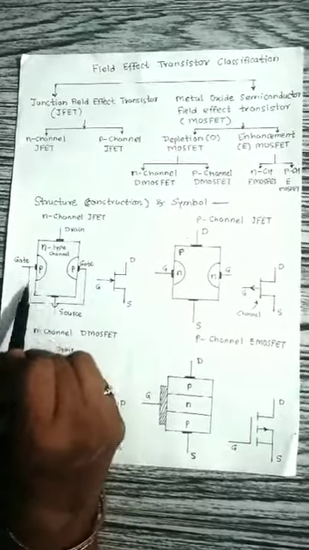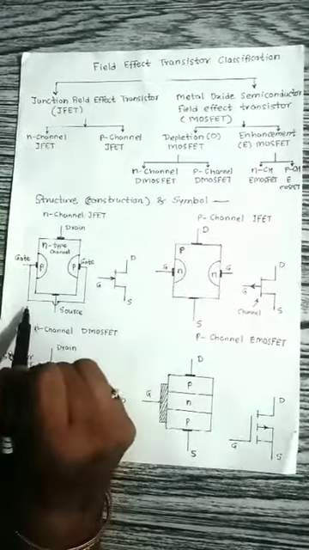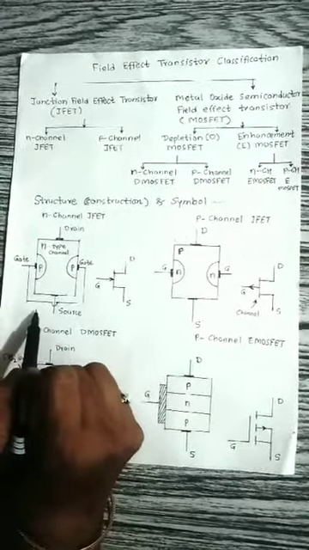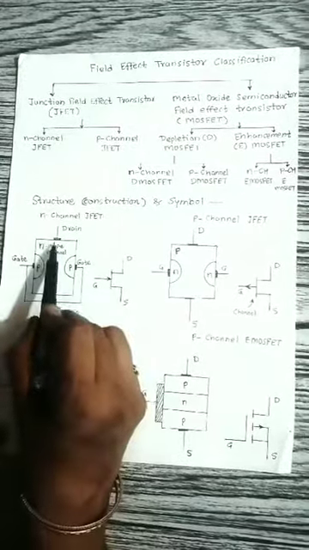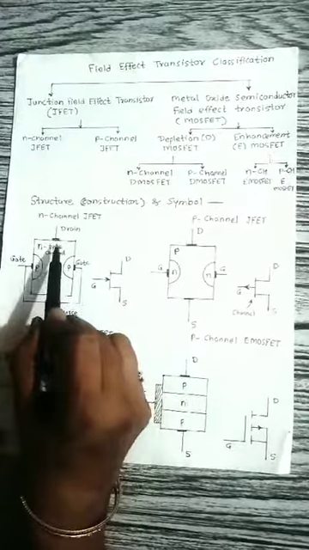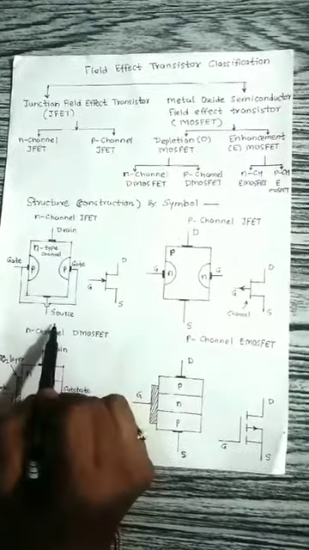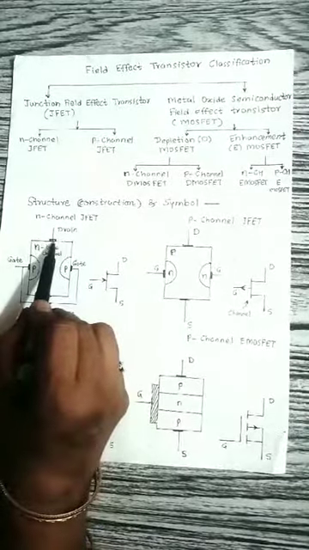From these two P-type materials, wire is taken and one terminal is taken, that is called as gate, and across these two terminals of N-type channel there are two terminals, that is drain and source. This is called as ohmic contact.